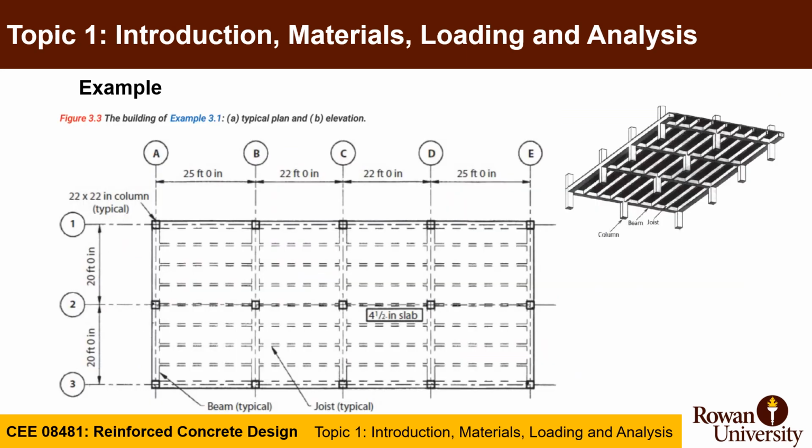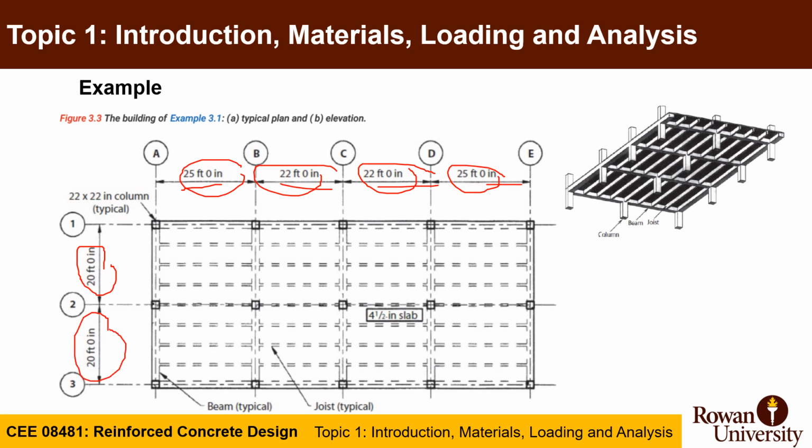Let's see the plans. You have a plan view of the building. You have 4 spans in the X direction, 25 feet between A and B, 20 feet between B and C, 20 feet between C and D, and 25 feet between D and E. And you have 2 spans in the Y direction, 20 feet between 1 and 2, 20 feet between 2 and 3.